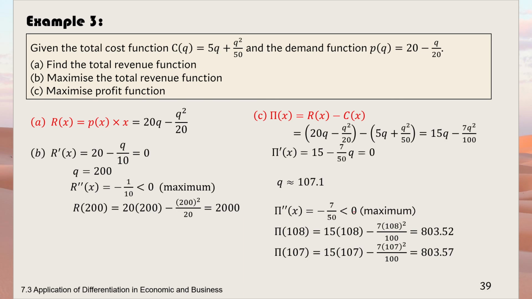But the thing is, we know that we cannot sell 107.1 units. Who is going to buy the 0.1 unit? So you give me the answer as either 107 or 108. Over here, the profit for 107 is 57 and for 108 is 52, actually not much different.